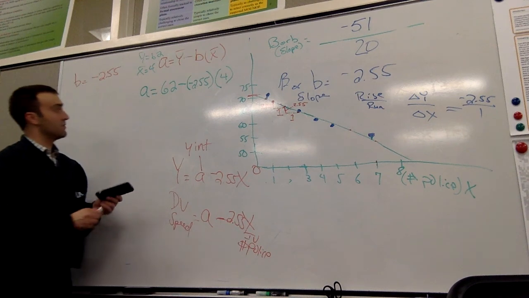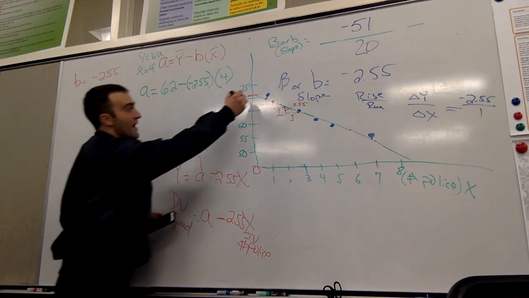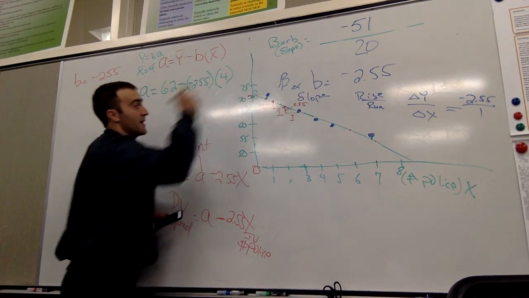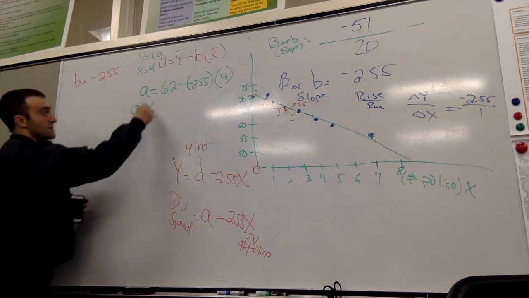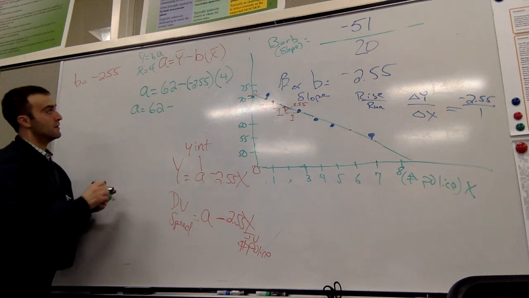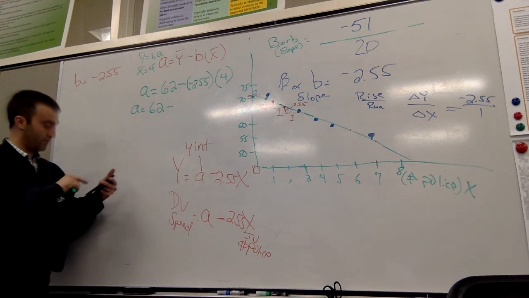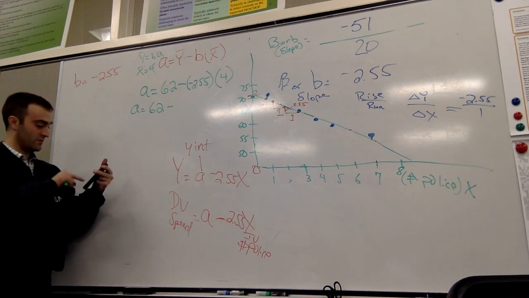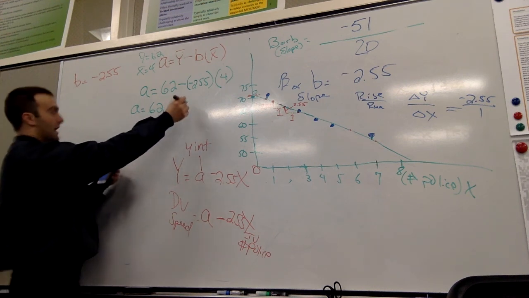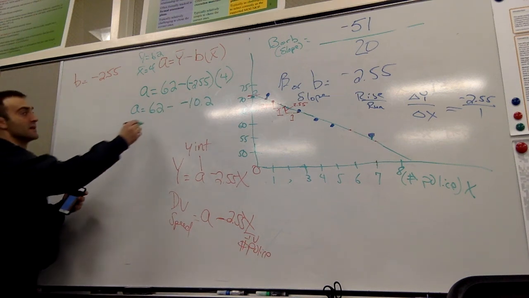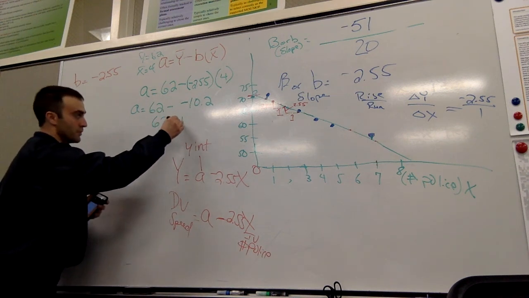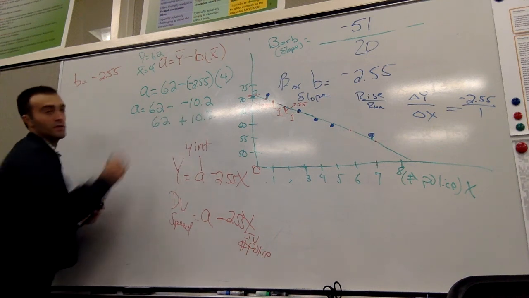So what you get for your y-intercept, or this value here, though it's probably not drawn to scale, where that line hits the y-axis, A equals 62 minus 2.55 times 4, minus a negative 10.2, which is the same as saying 62 plus 10.2.